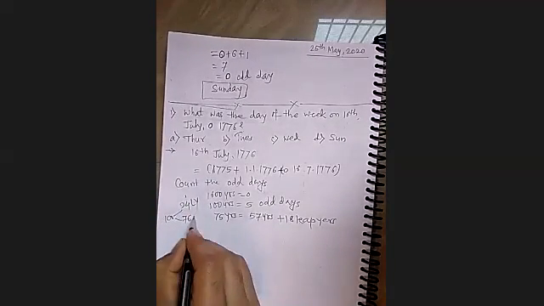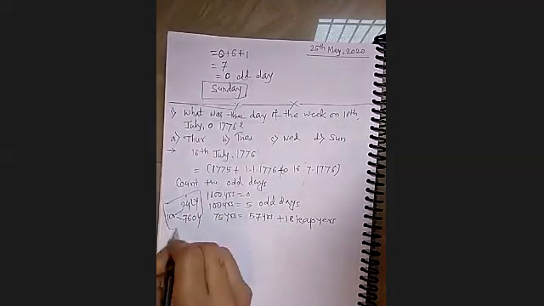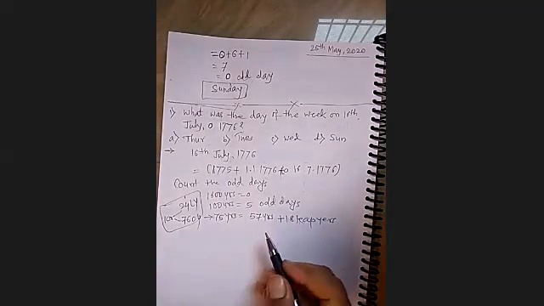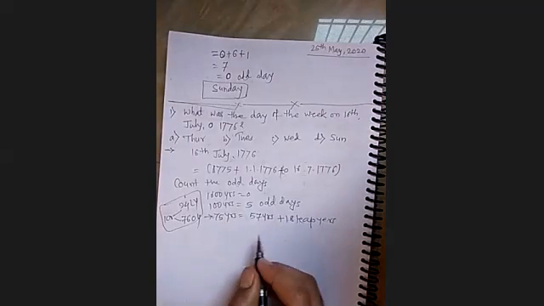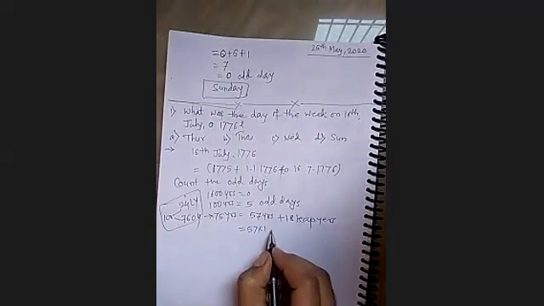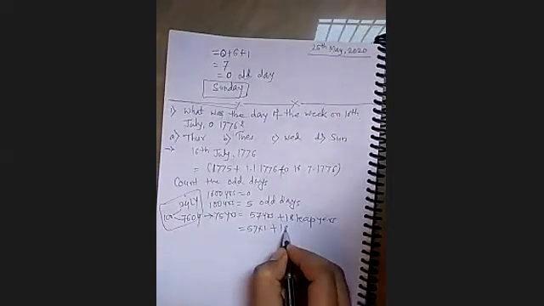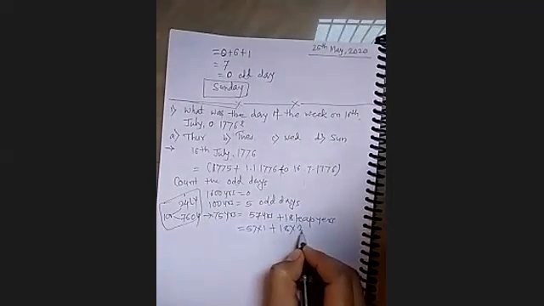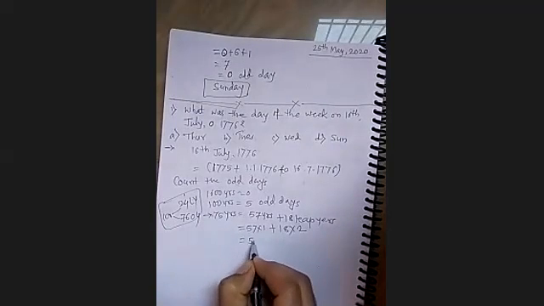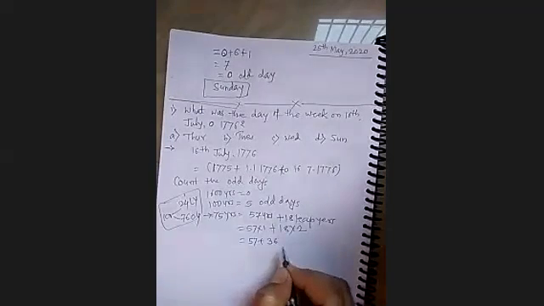Now the ordinary year has one odd day, and the leap year has 2 odd days, so it becomes 57 plus 36.